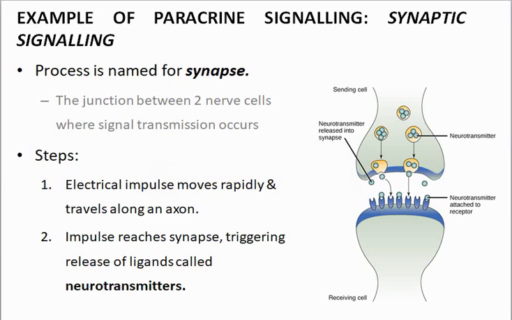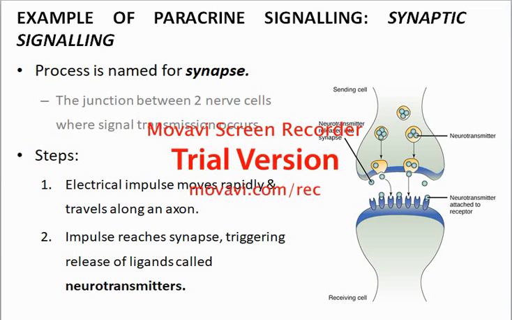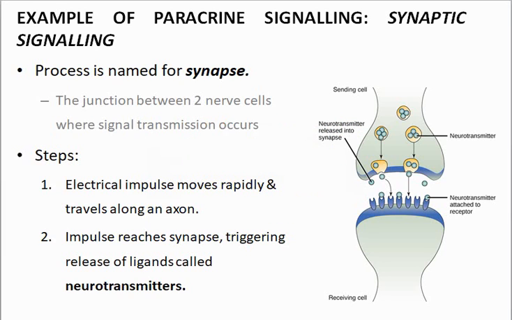When the sending neuron fires, an electrical impulse moves rapidly through the cell, traveling down a long fiber-like extension called an axon. When the impulse reaches the synapse, it triggers the release of ligands called neurotransmitters.